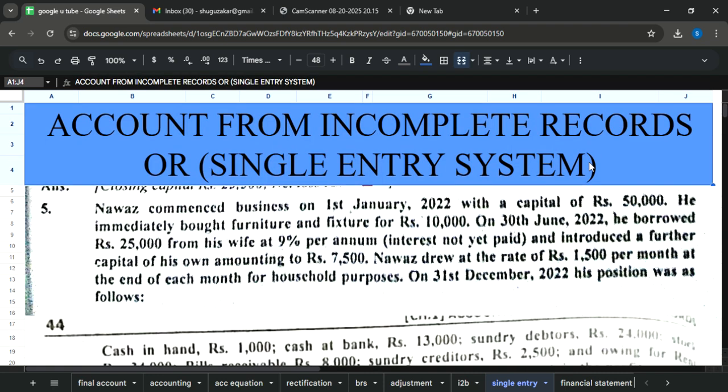So let's begin. Nawaz commenced business. Nawaz would be the owner and he started this business on 1st January. Capital is mentioned like in the previous question: 1st January starting capital. It means opening capital is already given, 50,000.